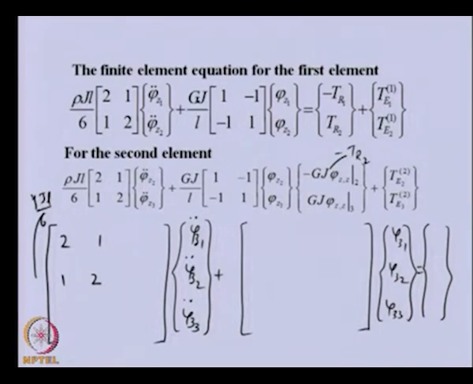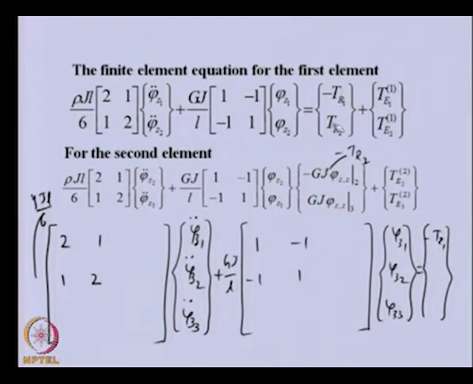Similarly, the stiffness matrix, this is common, so this will be outside and placed in the 2 by 2 size, where phi z1 and phi z2 are multiplied, they will occupy that position. Here in the torque, we will have TR1 and TR2.